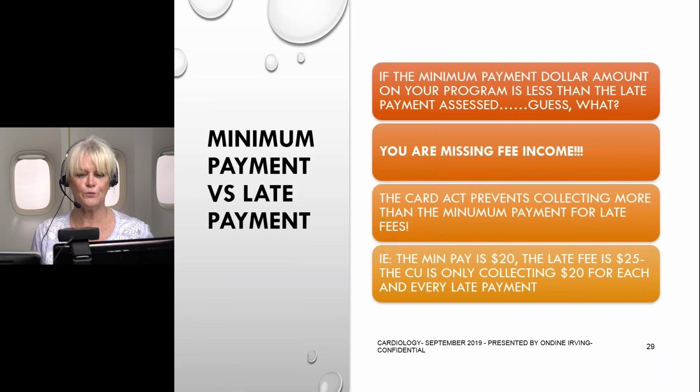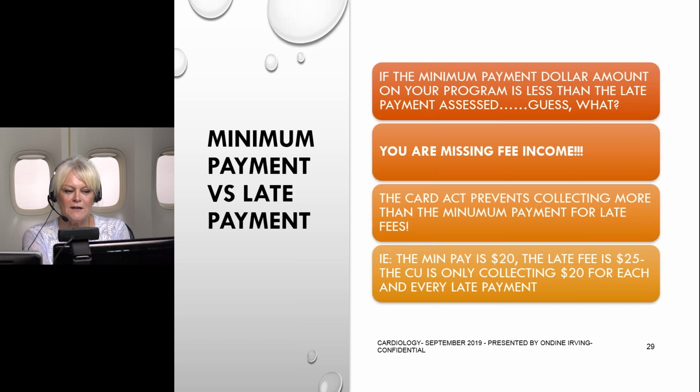Okay, now this is where I want everybody to do this test. I had a credit union last week that found $80,000 a year in this exercise. Now, if your minimum payment dollar amount on your program is less than the late payment, guess what? You're missing fee income because the Card Act prevents you from collecting more than the minimum payment as a late fee.